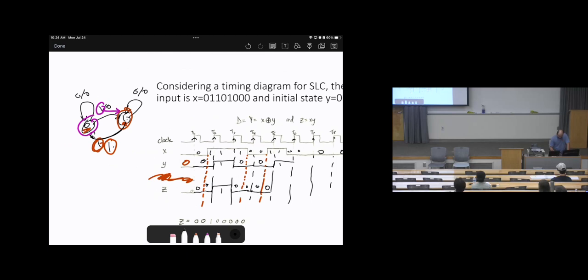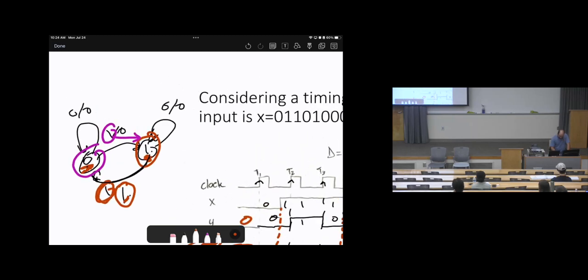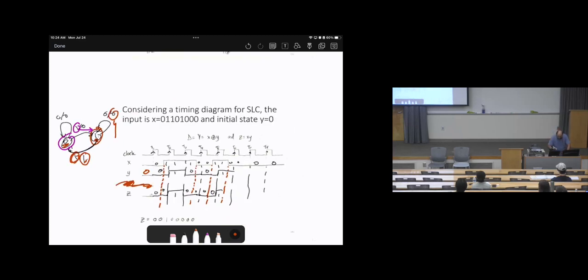The input is 1, so the output will be 1. There is a mid-cycle change, so now it goes from 1 to 0, which makes the input 0, so the output will be 0. Okay?